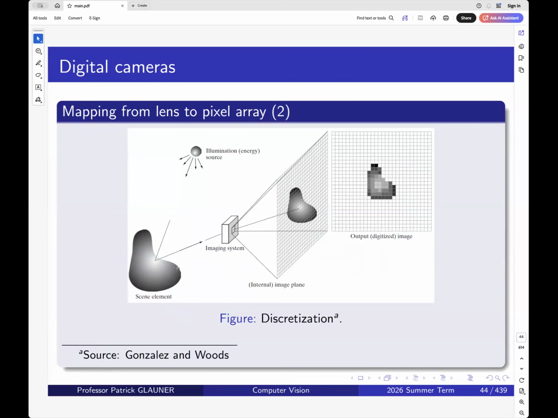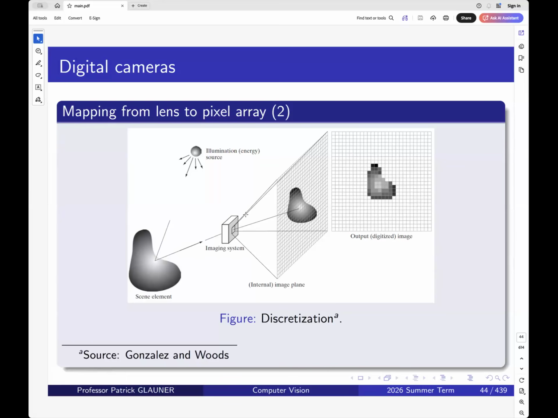Continuous means its shape is continuous, as well as its illumination from the source is continuous. Now, when we have a digitized image, we lose that property. And what we got next is not continuous anymore, but discrete.